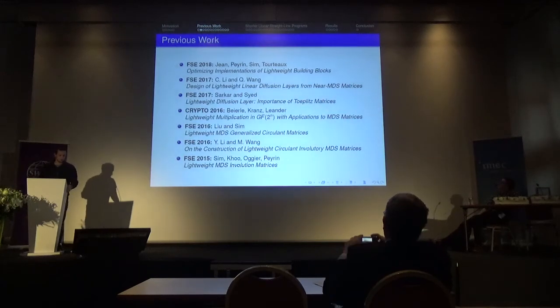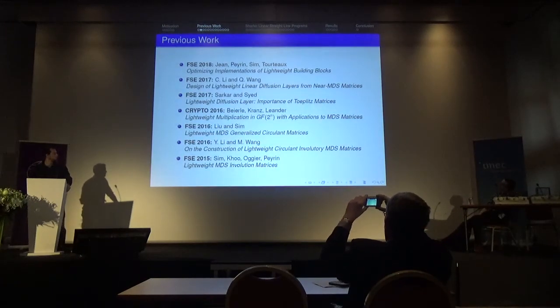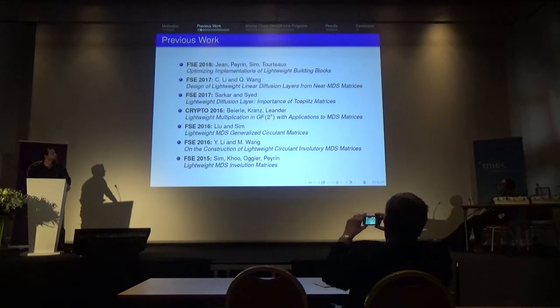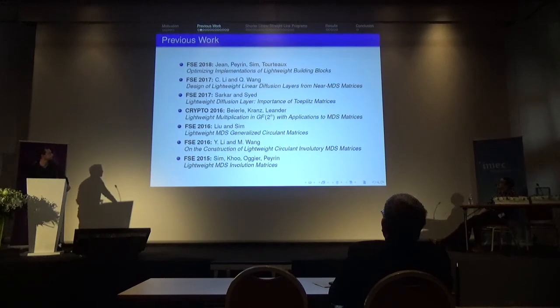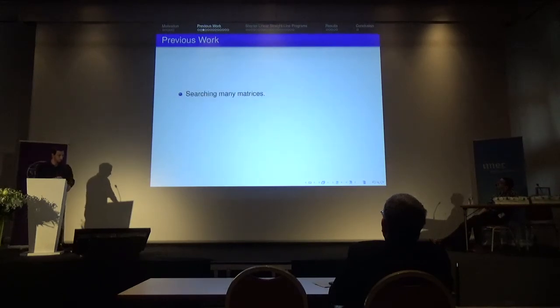Okay, this is just an excerpt here. Actually, there are many more papers recently presented and published, dealing at least partly with XOR count and optimizing the XOR count of matrix multiplication. So we see a lot of FSE stuff going on here. And what have they done? So mostly they have been searching many matrices.